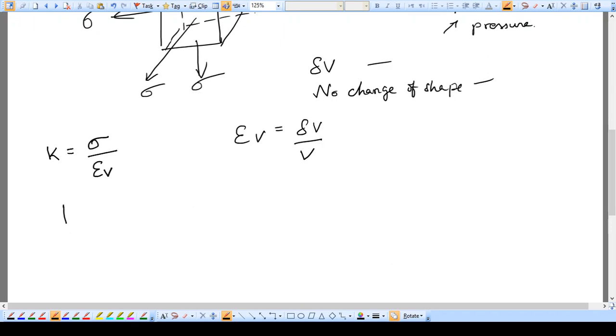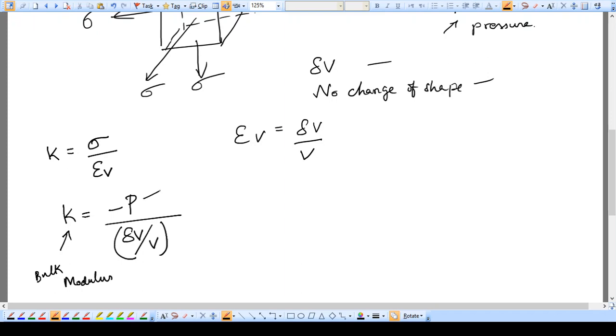In this case, the stress sigma is equal to minus P and volumetric strain is given by del V by V. Here K is the bulk modulus and P is the pressure, del V by V is the volumetric strain.